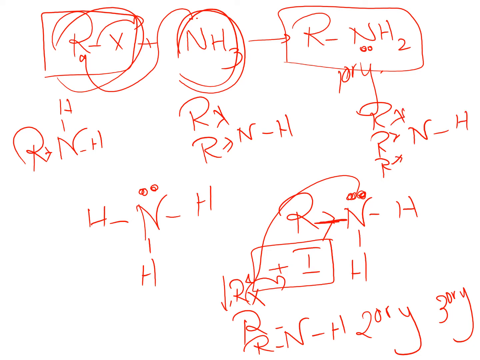So which one is more basic, which one has the electrons more localized in it? It's the tertiary more than the secondary more than the primary, and accordingly such a reaction will end up with the tertiary and the secondary, and it might even end up with the quaternary amine.